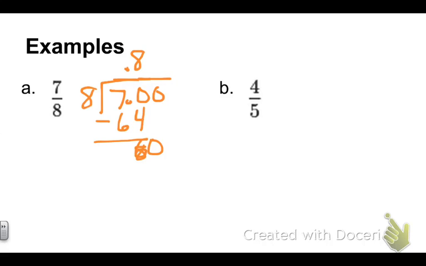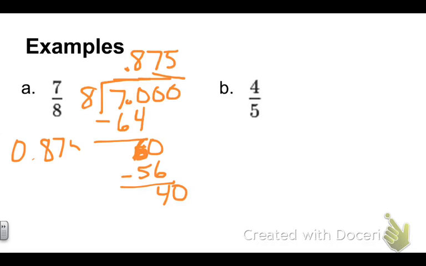Oh, that's a 6, excuse me. Like that's not working out. I'm trying to do this quickly, and I apologize. And then I can tell right now that's going to stop. That's going to terminate my decimal. And then, so 7/8 is actually 0.875.